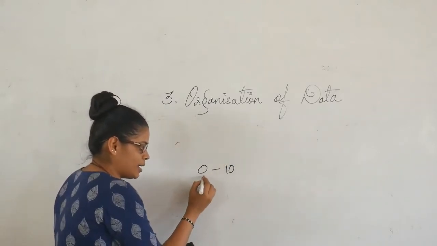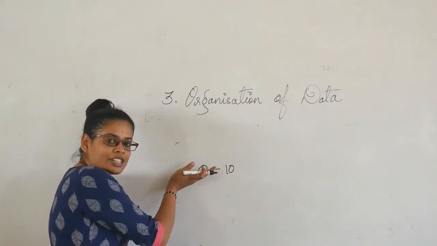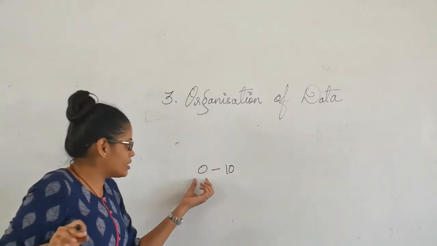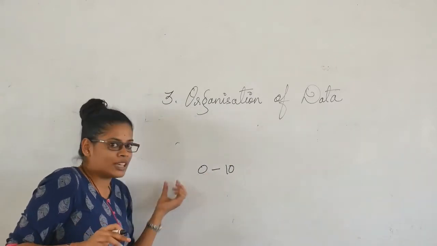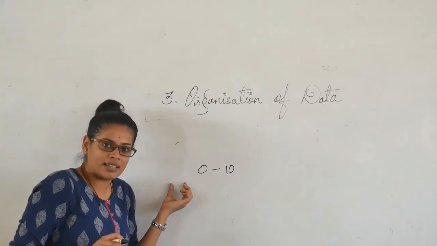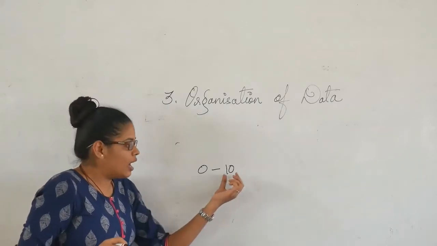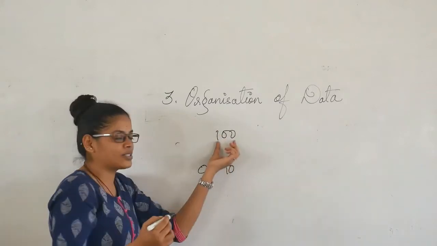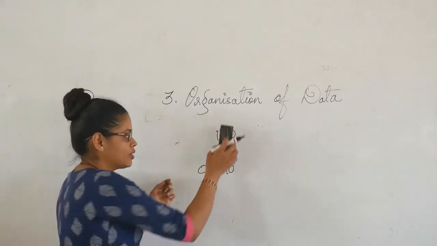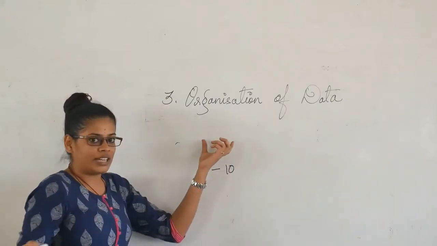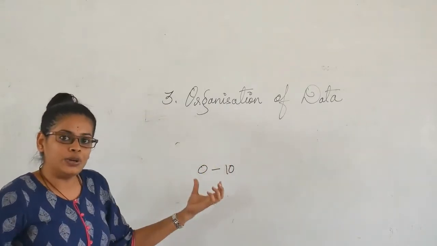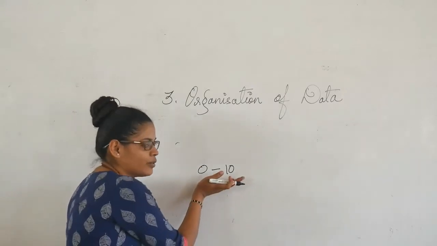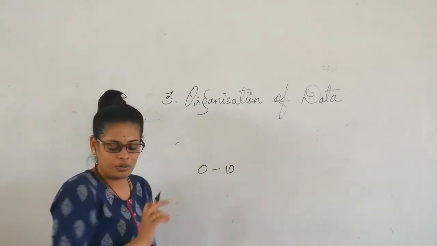Because 0 is the minimum marks which a student can score. We cannot say that below 0 a student can score any marks. It's not possible. And can a student score above 100 marks? No, right? So when we have this data, we easily tend to classify this class interval. So the first class interval will be 0 to 10.